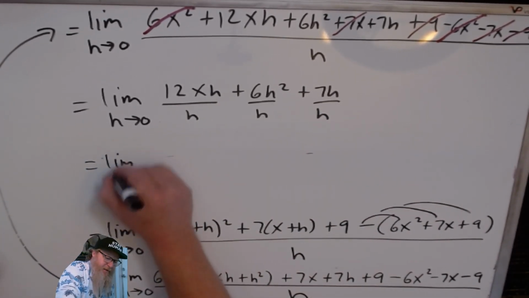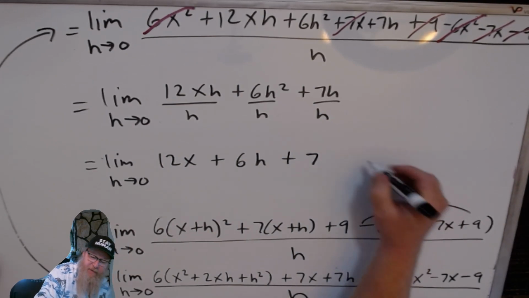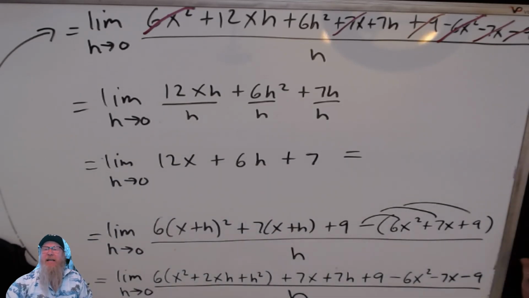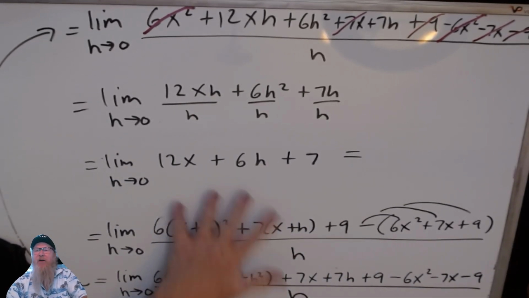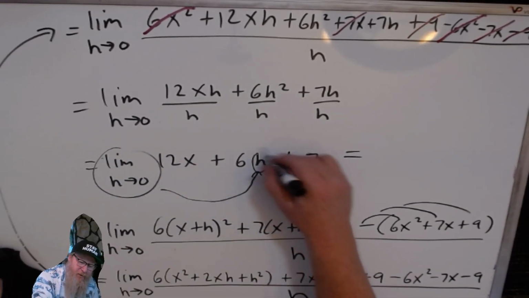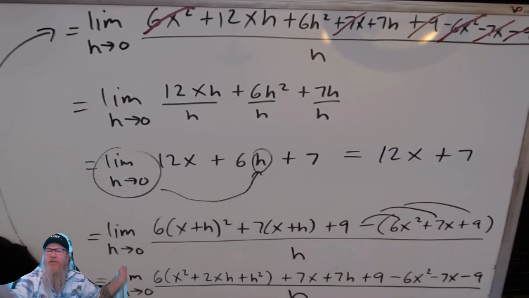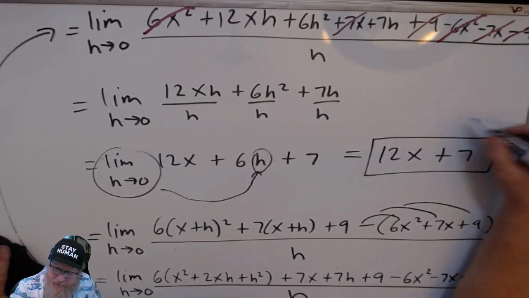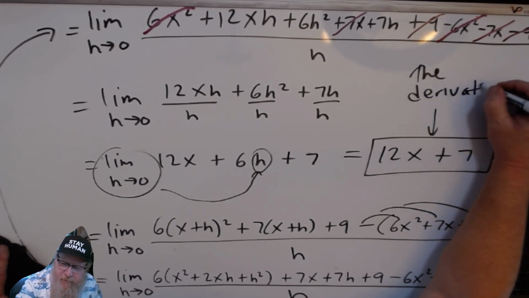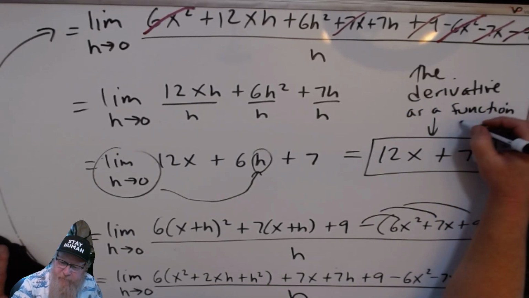Which is the limit as h goes to 0 of 12x plus 6h plus 7. So I haven't actually plugged in an a, right? This is a function of x and h. The limit now is going to apply only to this one term. That's going to become 0. 6 times 0 is just 0. And this is the derivative as a function of x.